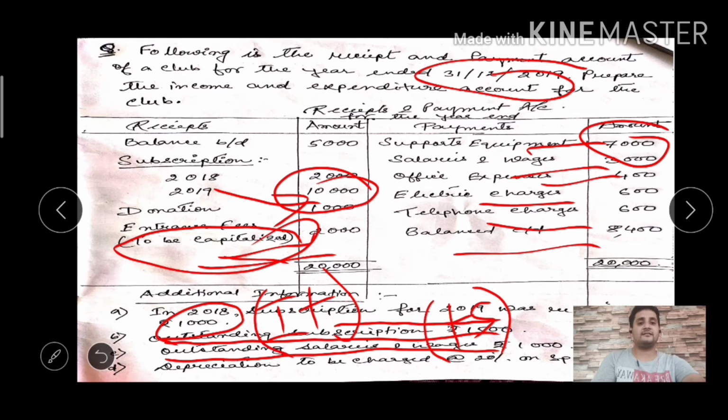Next, outstanding subscription, plus S, means subscription. Next, outstanding salaries again plus S. Next, depreciation will be treated as expenditure. So after you mark all the items, then you will start the solution.